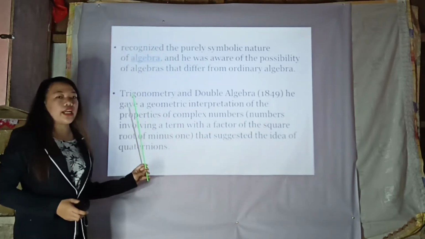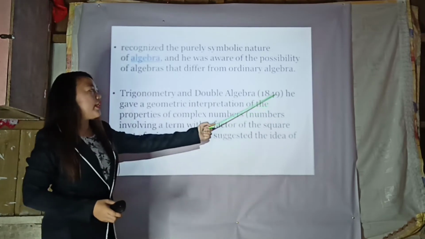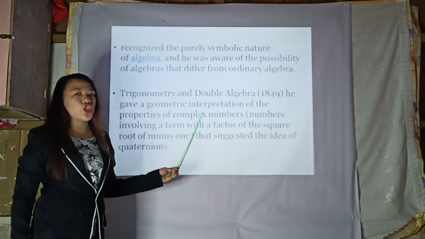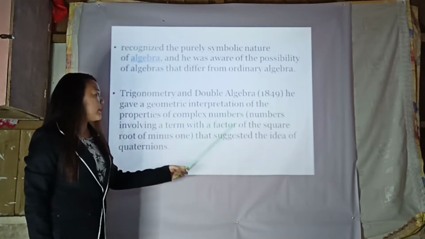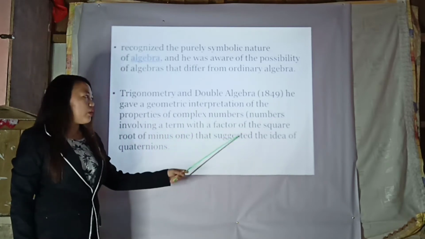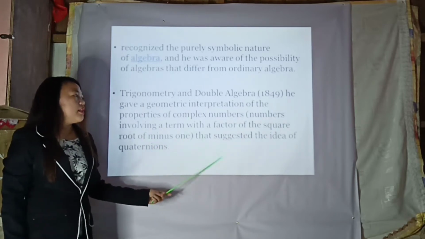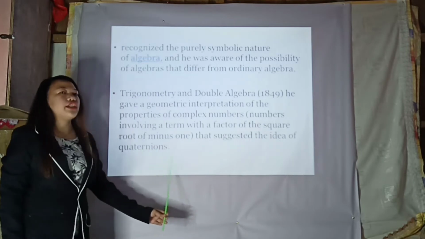Next, in his Trigonometry and Double Algebra in 1849, he gave a geometric interpretation of the properties of complex numbers, numbers involving a term with a factor of the square root of -1, which suggested the idea of quaternions.